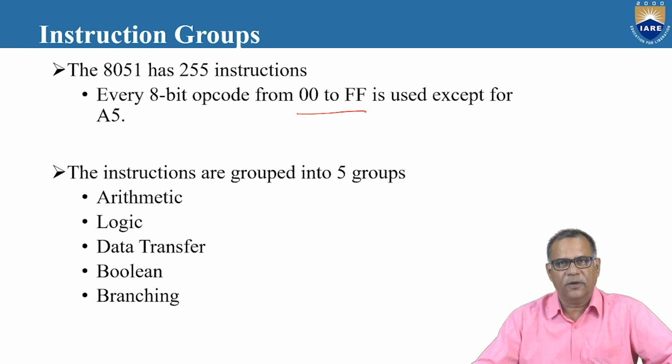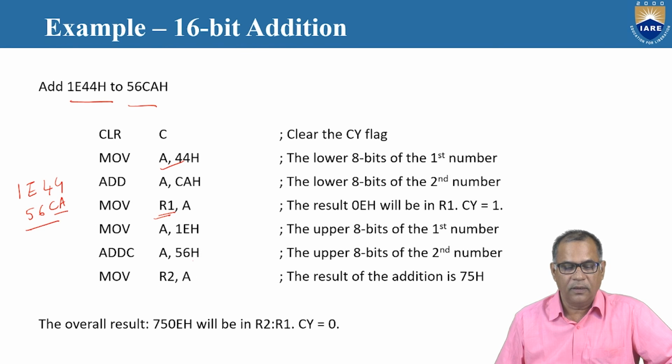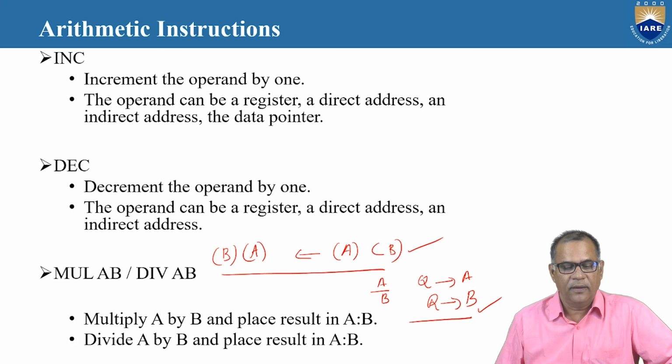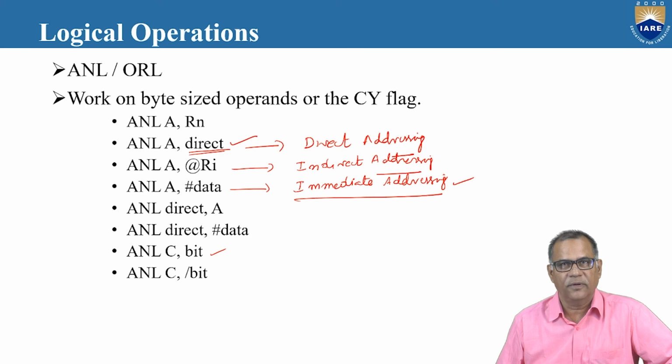Arithmetic and logic operations we have discussed: add, subtract, add with carry, and if you want to see the result in a meaningful way, then we have to use the decimal adjust accumulator. Increment, decrement, multiplication, division, these are all part of the arithmetic instructions.